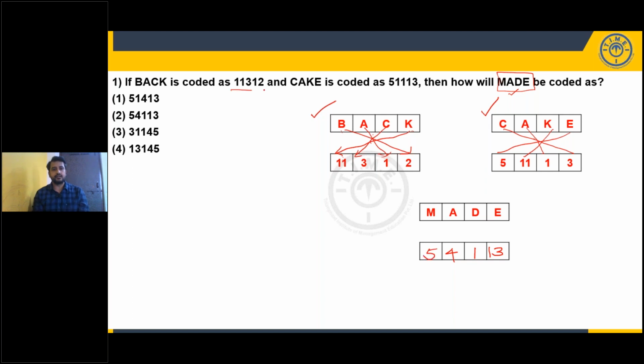Here it is given in the combined form, but we have to identify: B is 2, A is 1, C is 3, K is 11. If you practice more questions, you will get the idea. The answer is 54113. It is choice 2. This is one model question. All the questions, whatever we are going to discuss, are different and appeared in recent SSC exams, original questions.